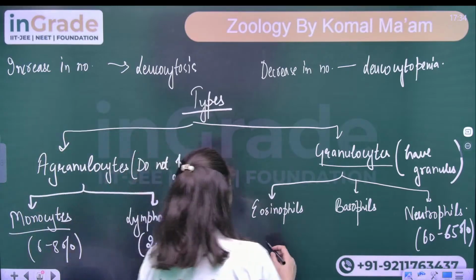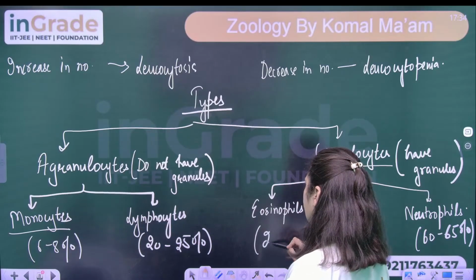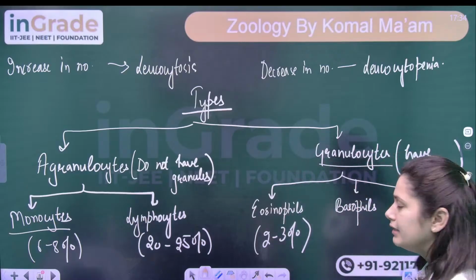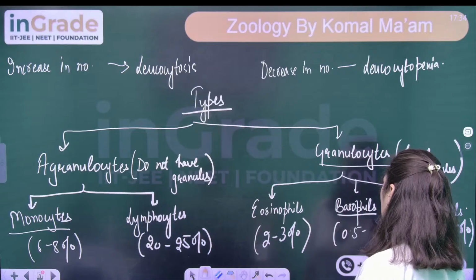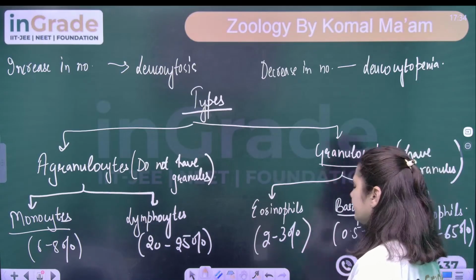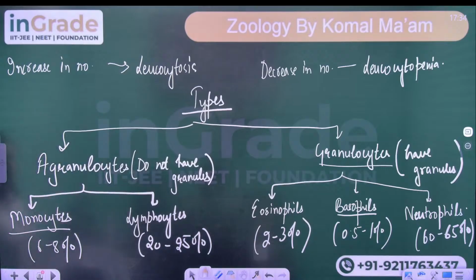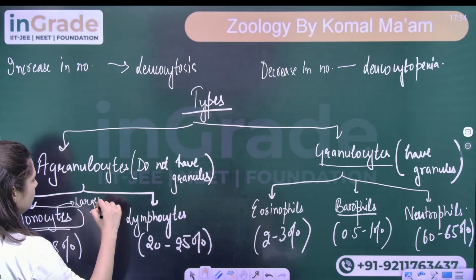Eosinophils are around 2 to 3%. And basophils are the least, at 0.5 to 1%. Okay, class. The largest WBC is the monocyte.